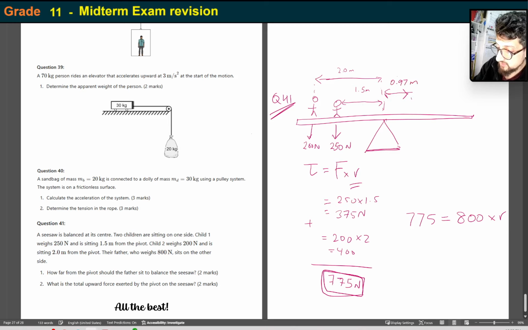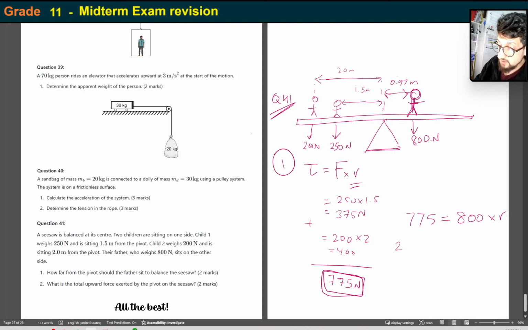So the father, big lad, is going to be nearly a meter away from the pivot. That's how you answer the first part: you work out the left-hand side, then you work out the right-hand side.